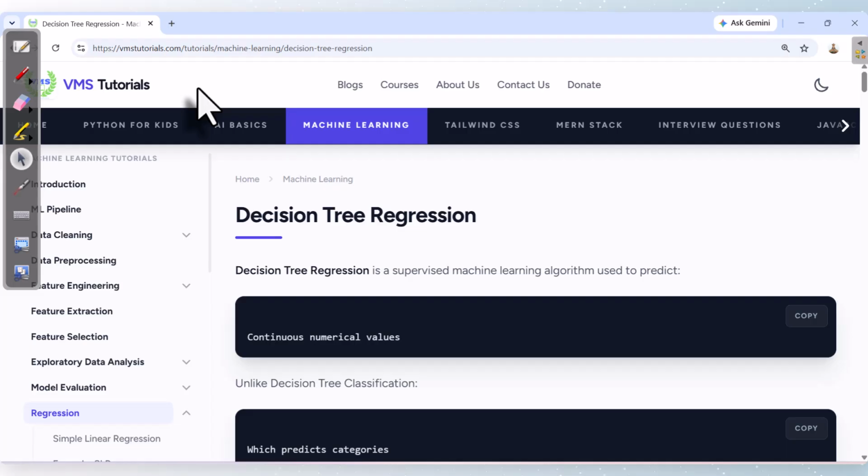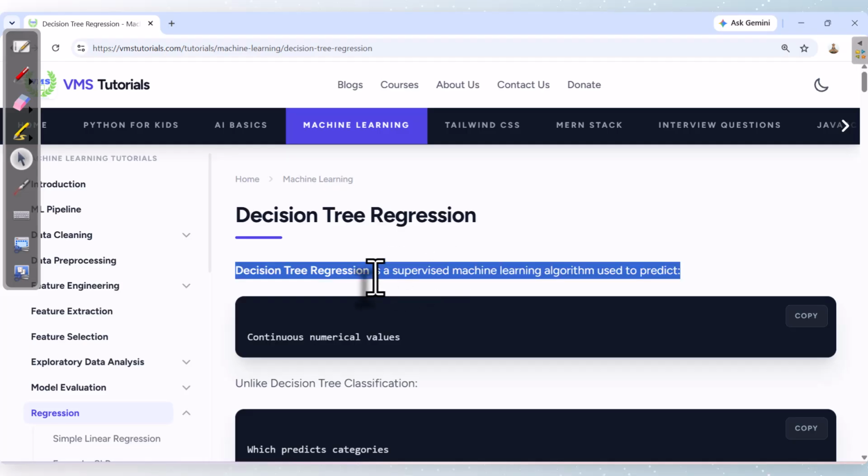In this video, I am going to explain decision tree regression with a simple mathematical problem, and see how we can apply decision tree regression on a small data set.